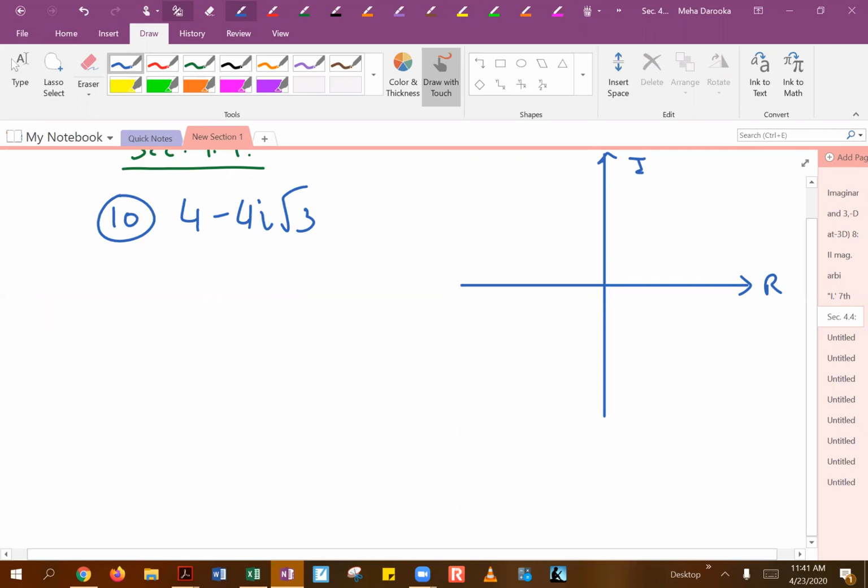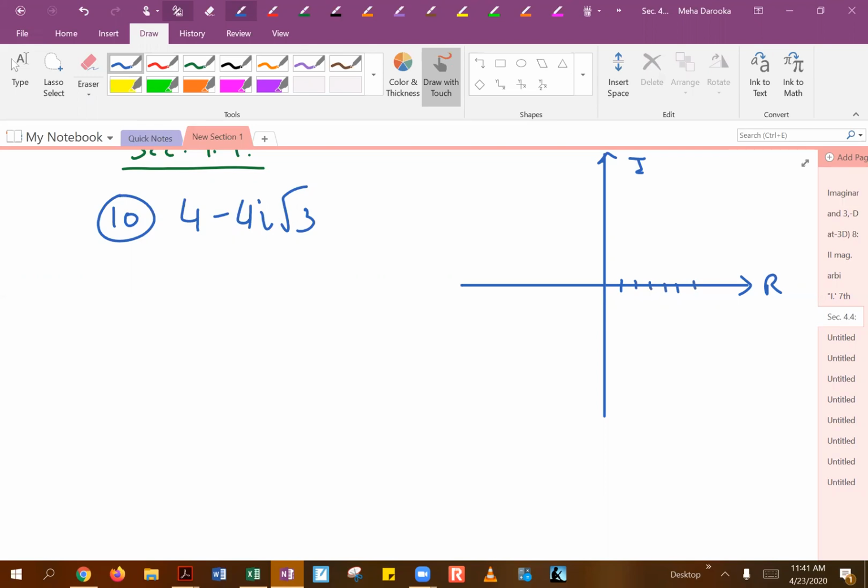Because approximately what is 4 square root of 3? Square root of 4. Let me find it. 4 square root of 3. 6.93. Okay, so approximately 7, right? Yeah.